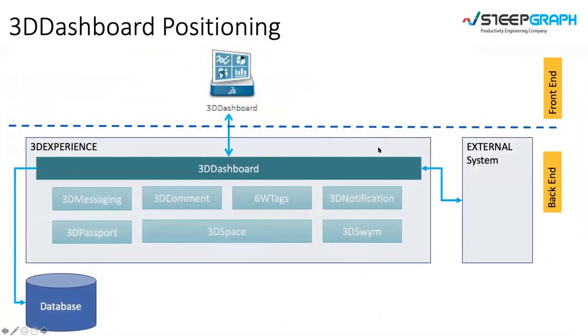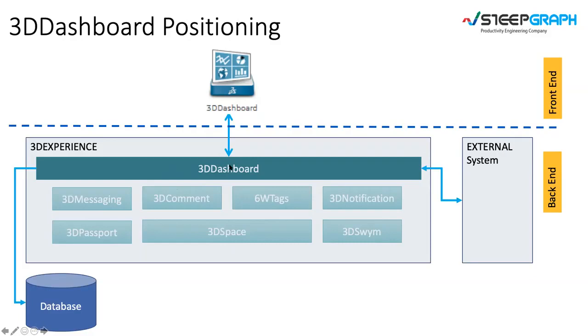If you look at the 3D dashboard positioning in the overall 3DEXPERIENCE architecture, you can see this simplified view of where the 3D dashboard is placed. There are multiple products or applications on the backend or server side, including 3D Space, 3D Passport, 3D Swym, and many of them, and 3D dashboard as well.